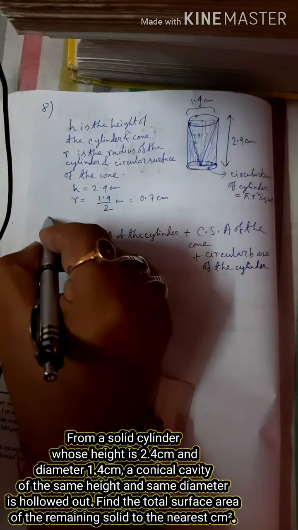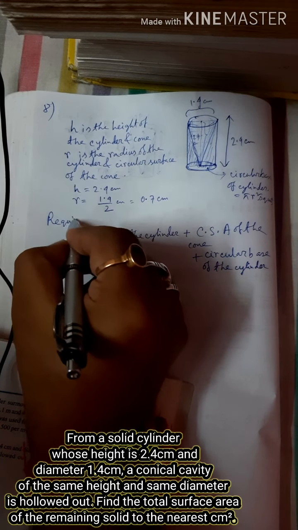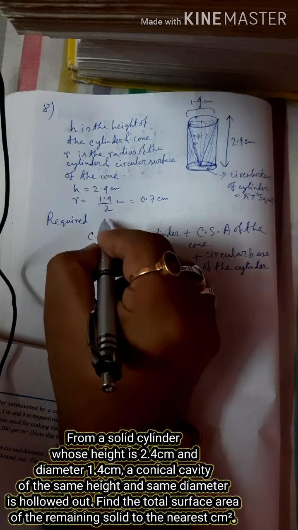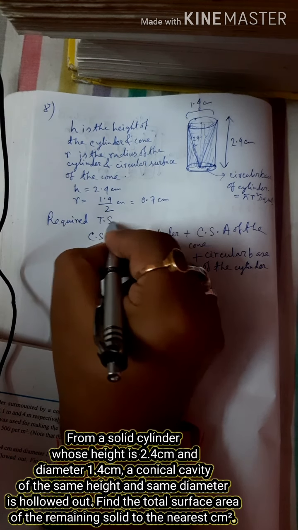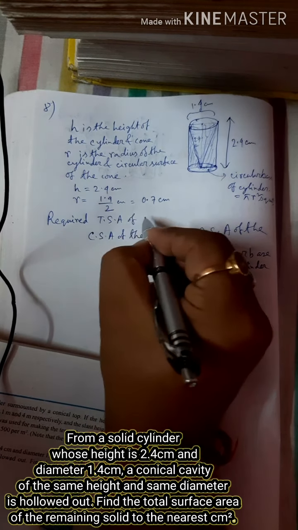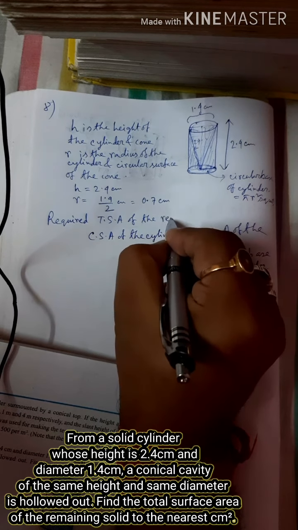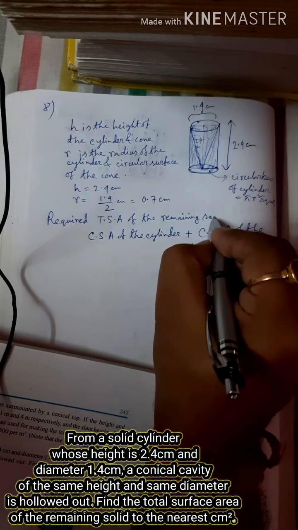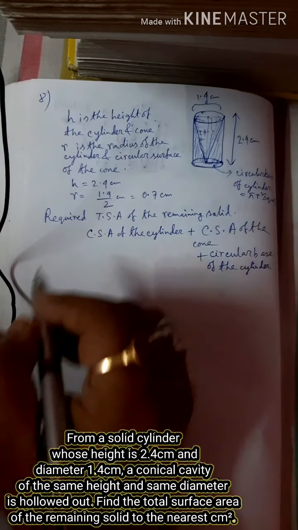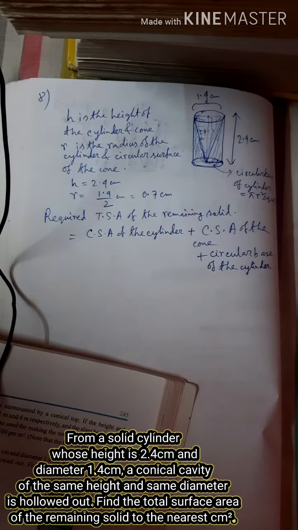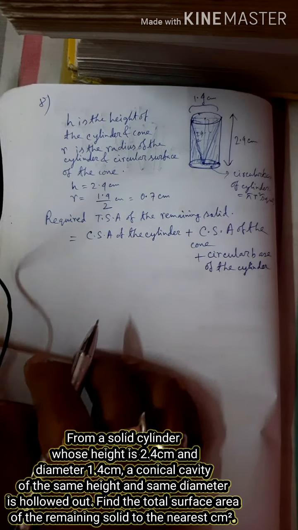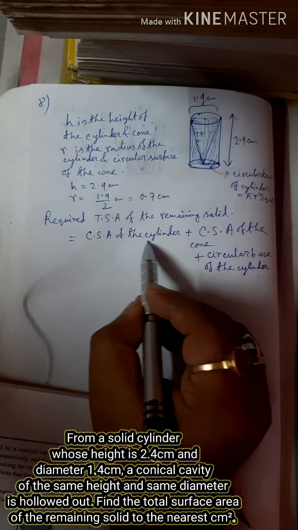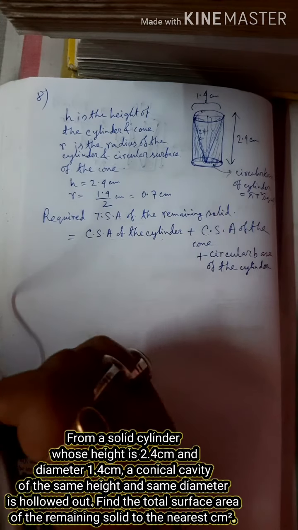Okay, what's the remaining solid? Now the curved surface area of the cylinder, we know that is 2 pi r h.